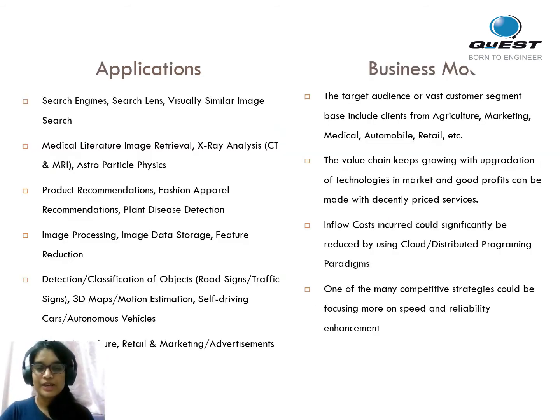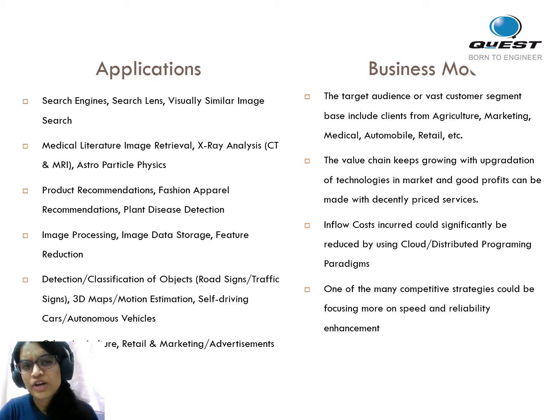Our project prototype has a wide range of use cases. It can be used almost everywhere where computer vision technology can be used, like retrieval of images from medical literature, search engines, search lenses, similar product recommendations, visually similar image recognition, fashion apparel recommendations, astrophysics, and determining almost closely related astronomical bodies.